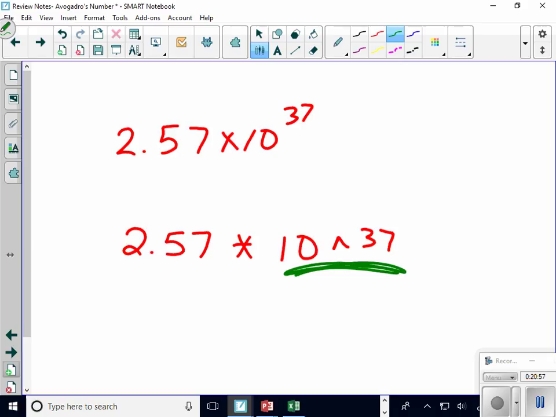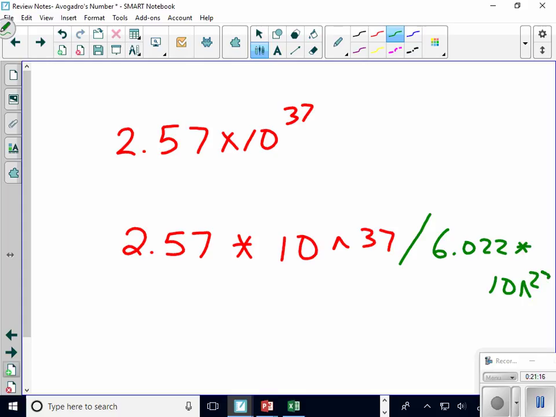Now, let me throw in this wrinkle. Okay? This wrinkle is that I'm going to now divide it by Avogadro's number. Right? Now, when I'm following my order of operations, doing this like that gets it screwed up.